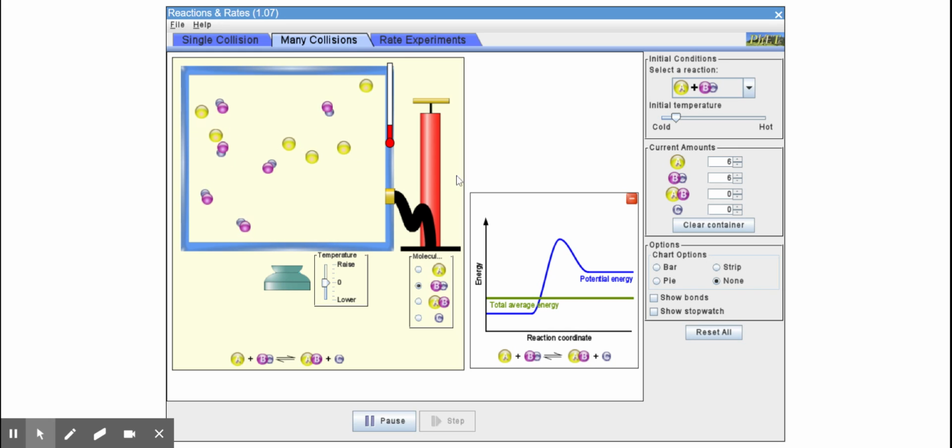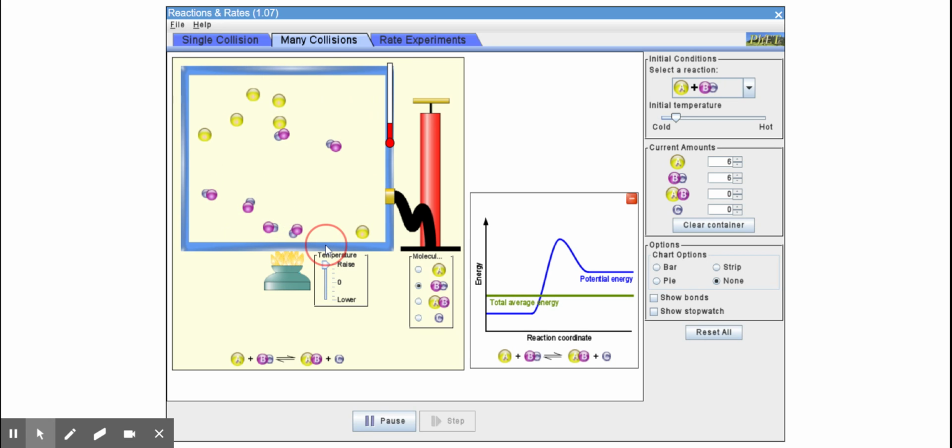But we have no products. Over here you can see I have 6 of each thing, and no products have been formed. They're moving very slowly. This is the total average energy of the green line, so it's very low. They need to have enough energy, sufficient energy, to get over this hill that we will talk about in a second. And they don't have that energy, so let's heat them up.